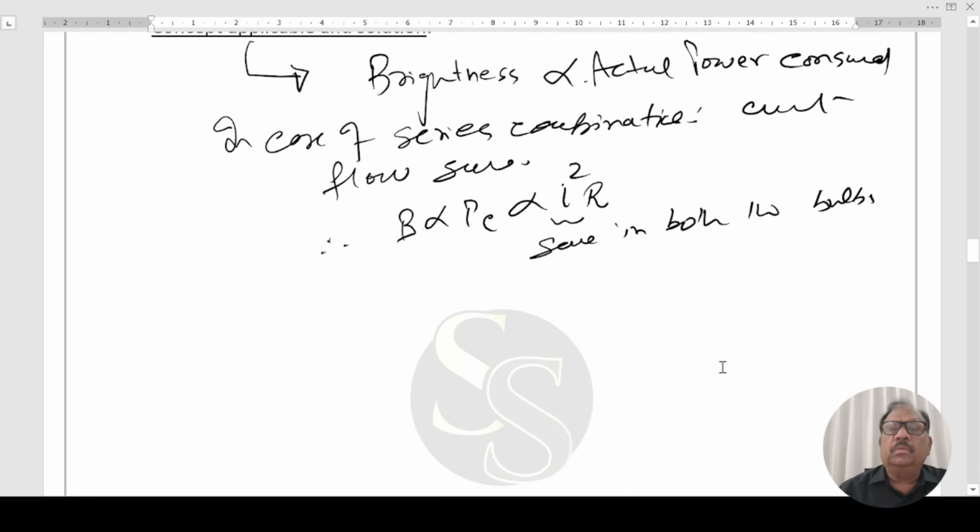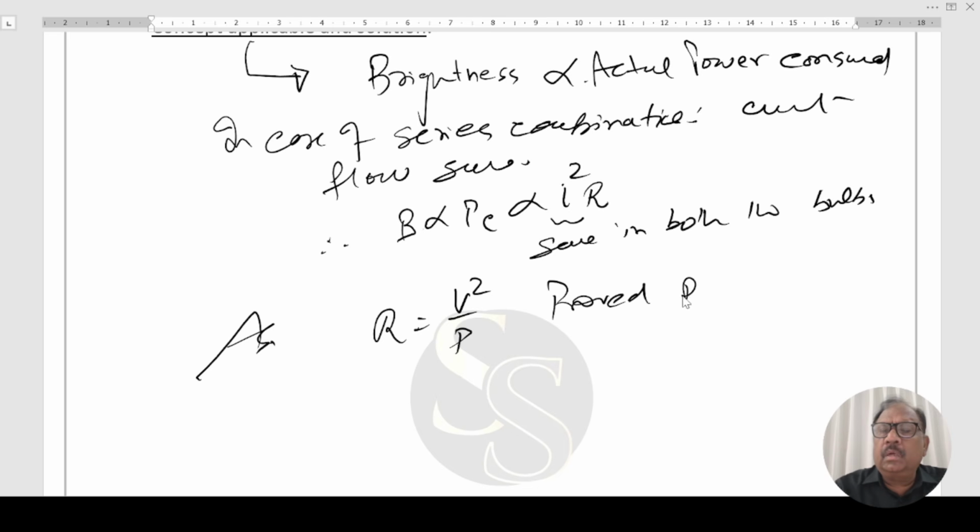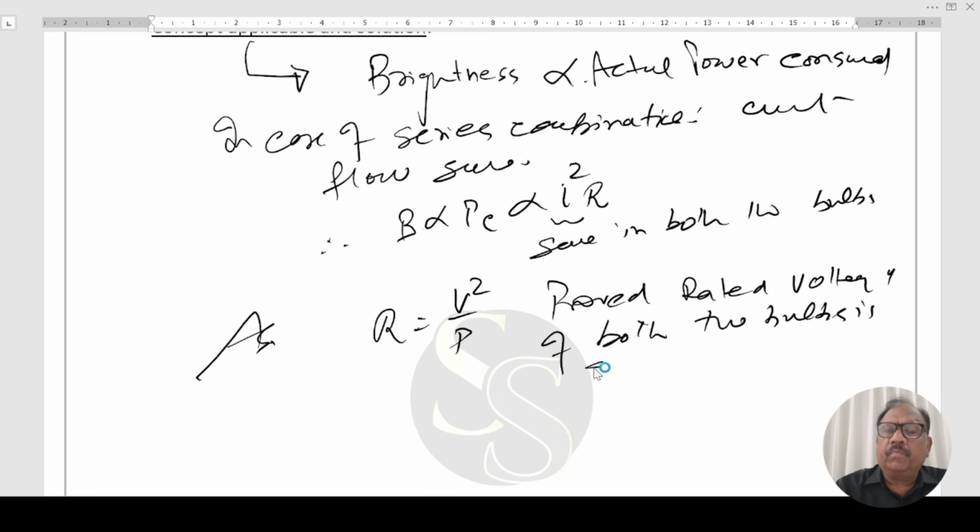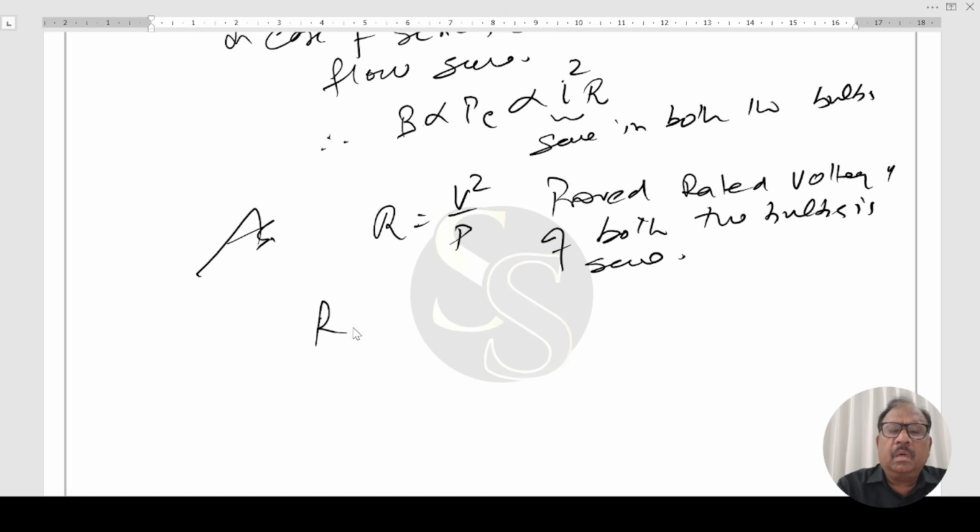Right? Now, as R equal to V square by P, provided the rated voltage of both the bulbs is same, then R of the 60 watt bulb will be V square by 60, and R of the 100 watt bulb will be V square by 100.